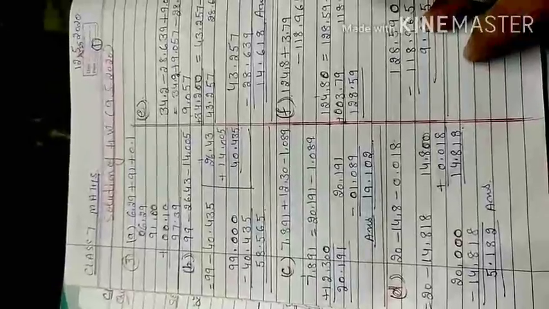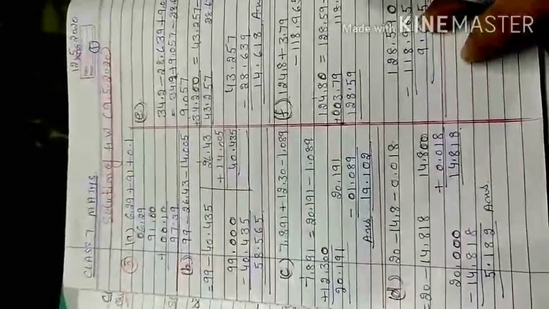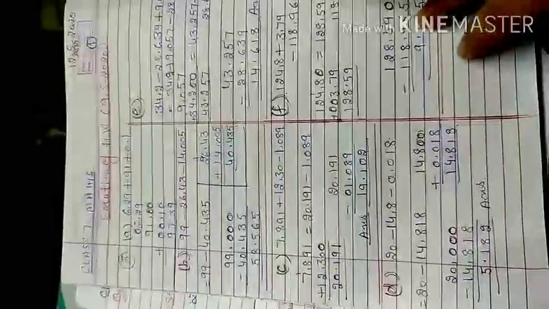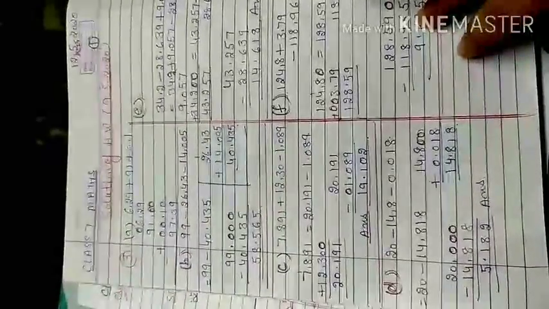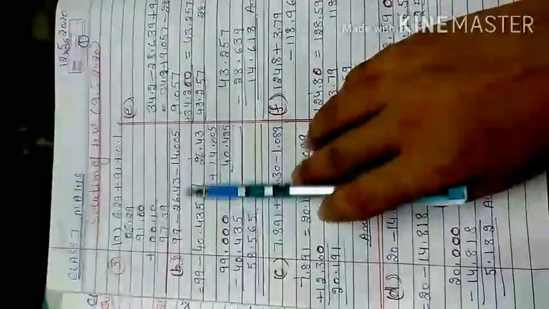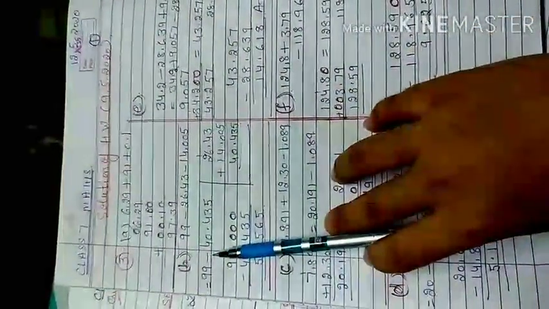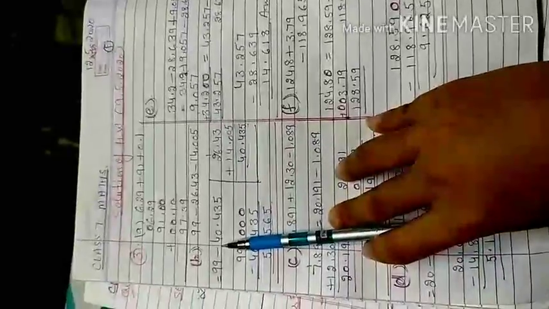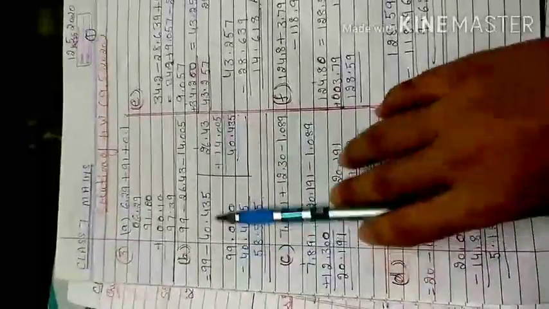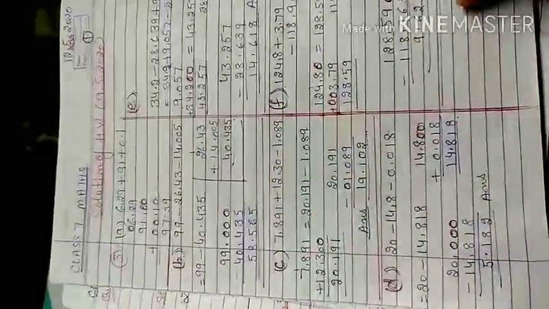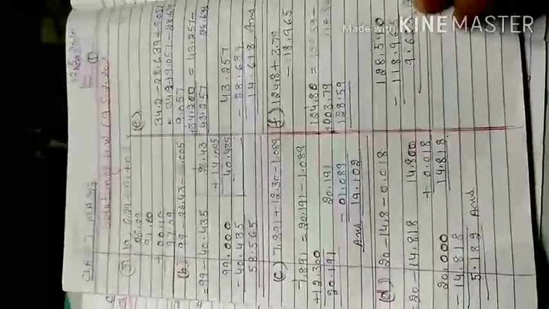When you add these, that gives 40.435. After adding, the common sign is negative, so consider it as negative. 99 minus 40.435, after subtraction, you will get 58.565.